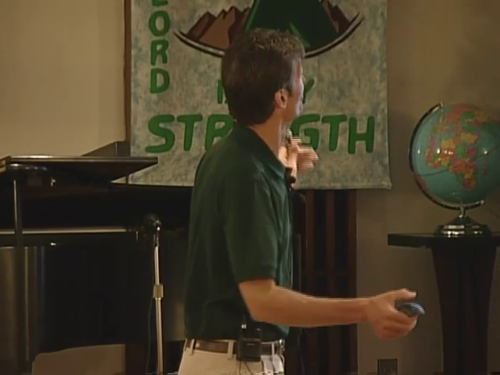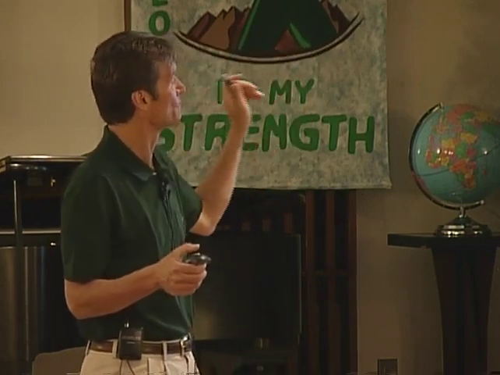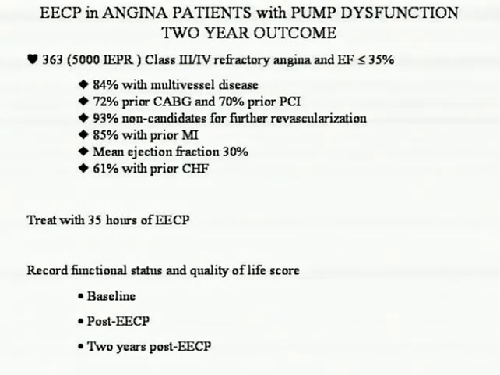Good idea. ECP and angina patients with pump dysfunction, 2-year outcome. Many of my patients participated in the IEPR, that's the International ECP Patient Registry Study. We all contribute our patients and outcome data, and we pool it, and then you can derive a great deal of information, and many articles were published.